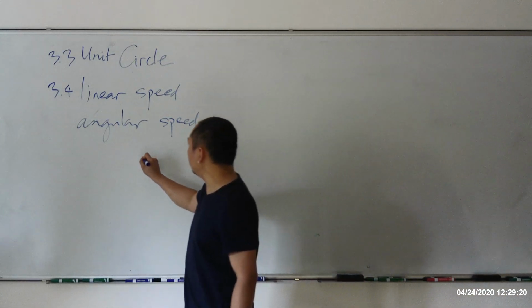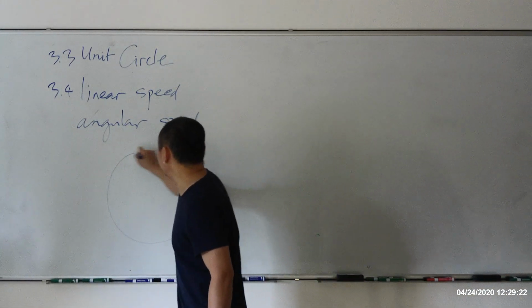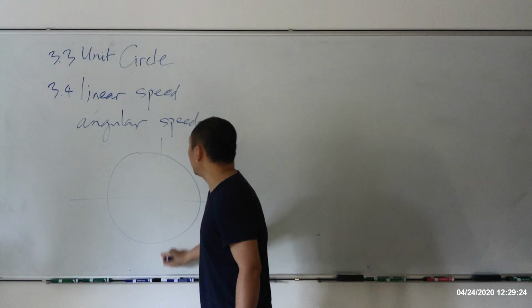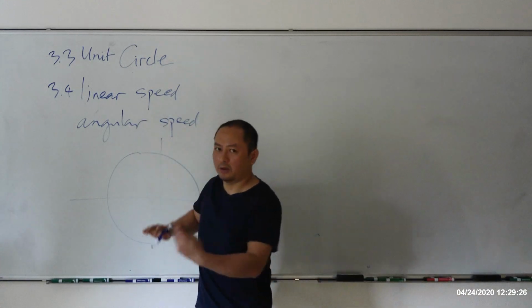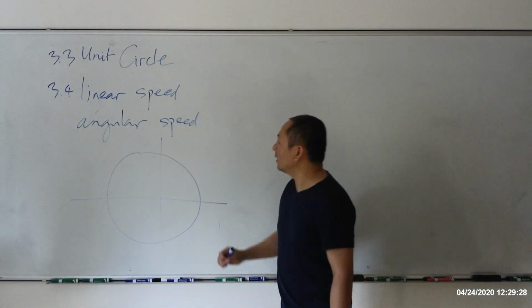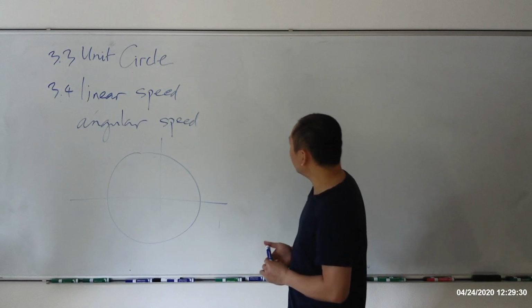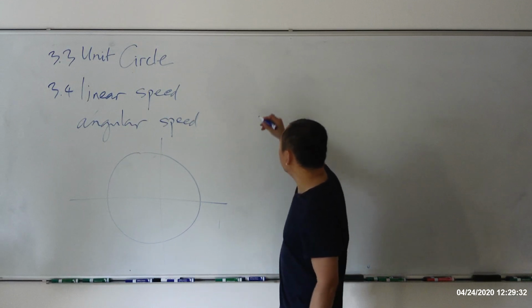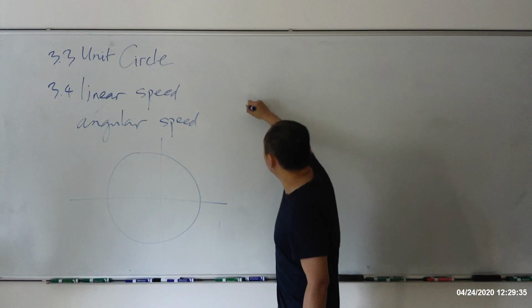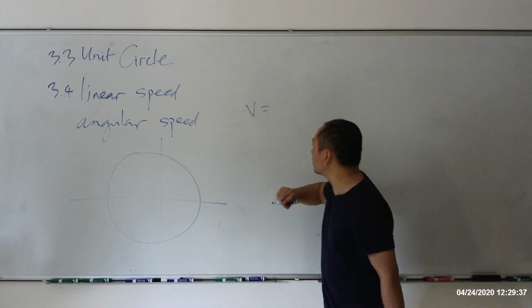So here's the story in this section 3.4. You know what is meant by linear speed. Linear speed is how fast you drive in a distance, right? Linear speed is denoted by a little v. V stands for velocity.